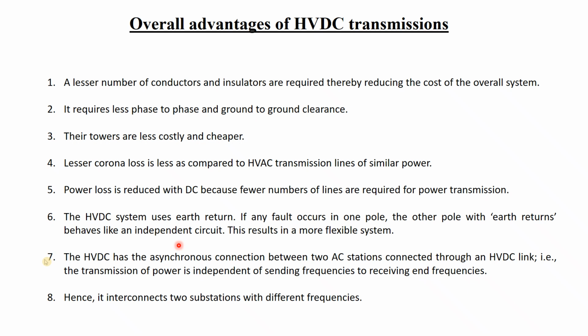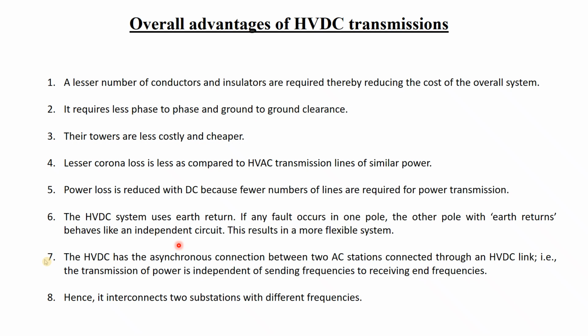Then we will require fewer insulators, not only for the transmission line but also for the other equipment in the electrical substation. So using fewer conductors reduces the conductor price as well as the insulation cost.